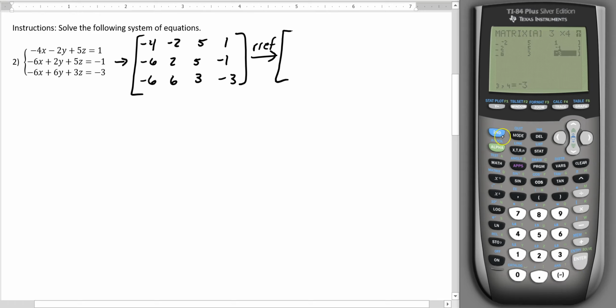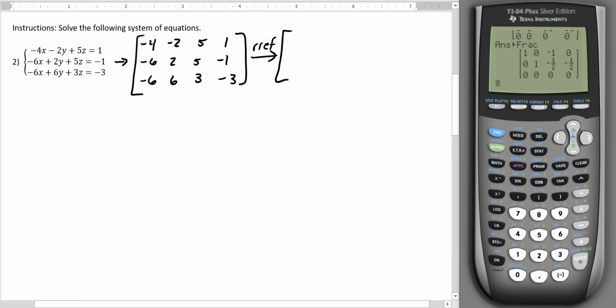Okay, so I'm going to second matrix, math, up to RREF, enter, second matrix A, close parentheses. Oh no, look at what we have. Well, let's math frac this, because we like fractions in our matrices.